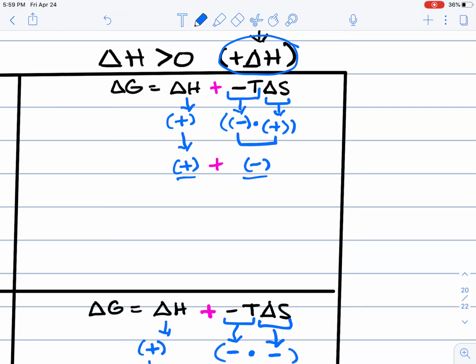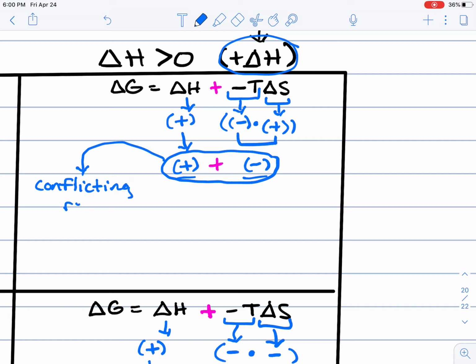What this is telling us, though, is that if we have conflicting signs, then the Gibbs free energy is not spontaneous at all temperatures. So we have conflicting signs or conflicting results.